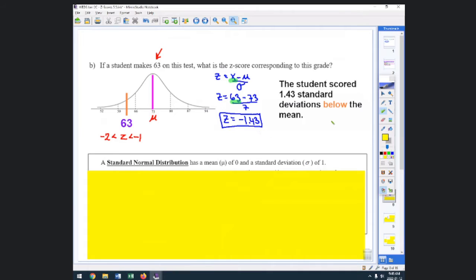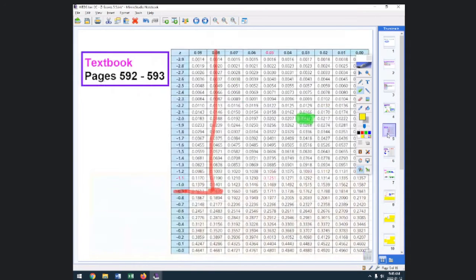Now, little fun fact, if I go to the table and I look up -1.43, I know I'm on the negative side.